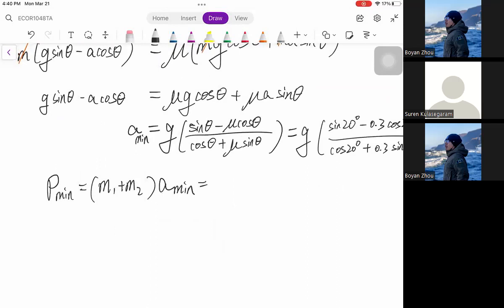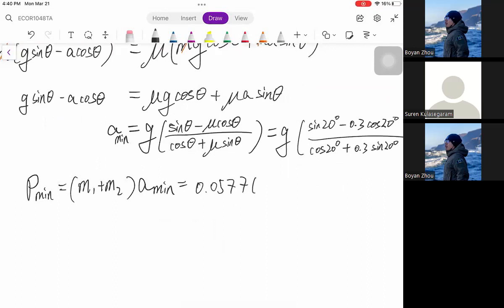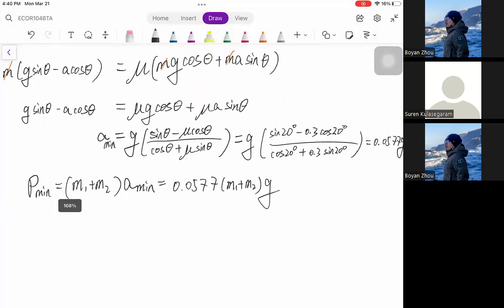So back to here, it is 0.0577G. I'm going to put a G at the back, so when you're reviewing this, it's not going to be a 9. M1 plus M2 times G.